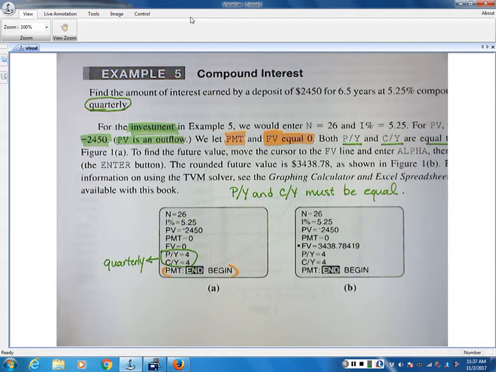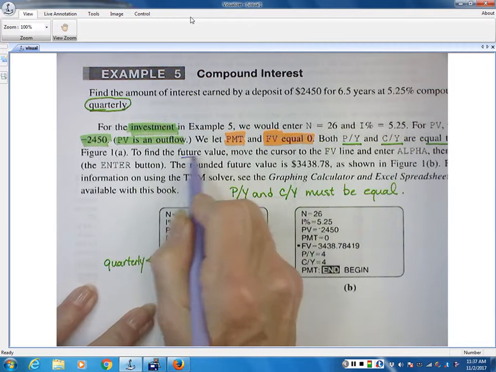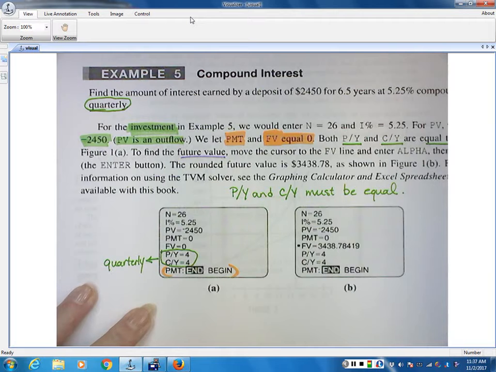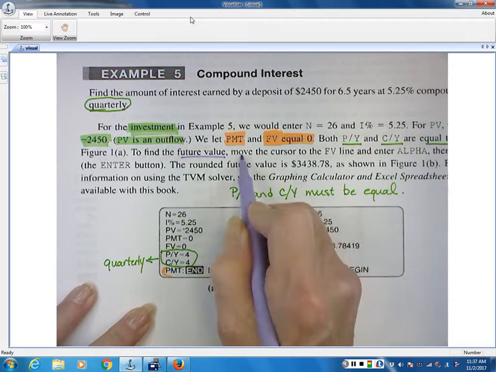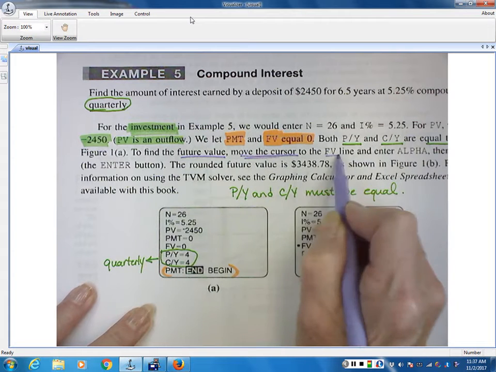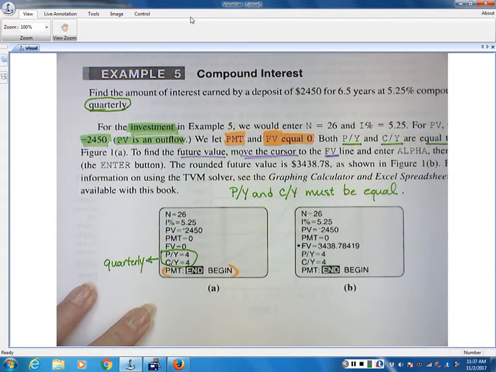Now once we get everything filled in, when you want to find one of those values, in this case the future value, you're going to have to put your cursor on the future value. And then you're going to enter alpha and solve.